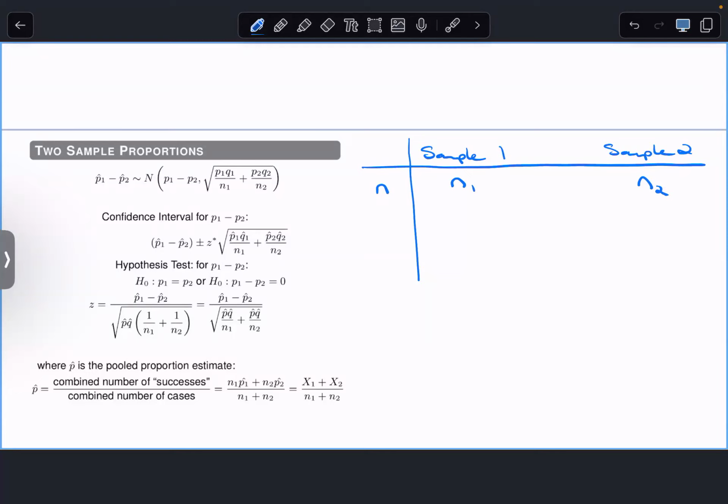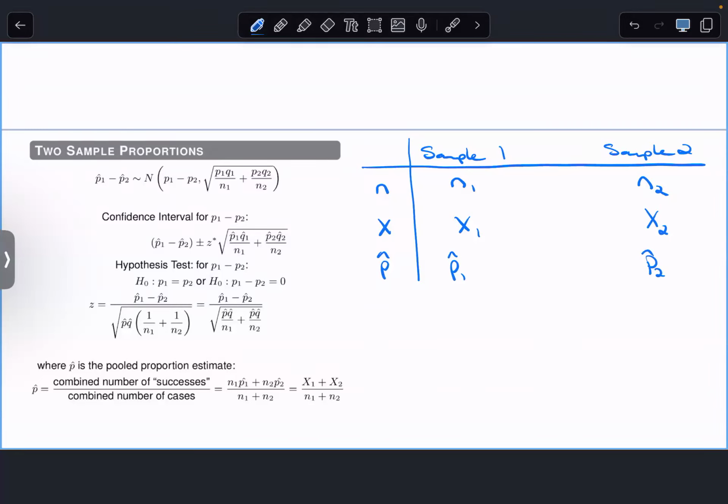I'm going to have some number of successes in group 1 and some number of successes in group 2, which used to just be X, but now I have 2 groups. And so to keep track of which one's which, X1, X2, fine. Then I needed a P hat. Well, you guessed it, P1 hat and P2 hat.